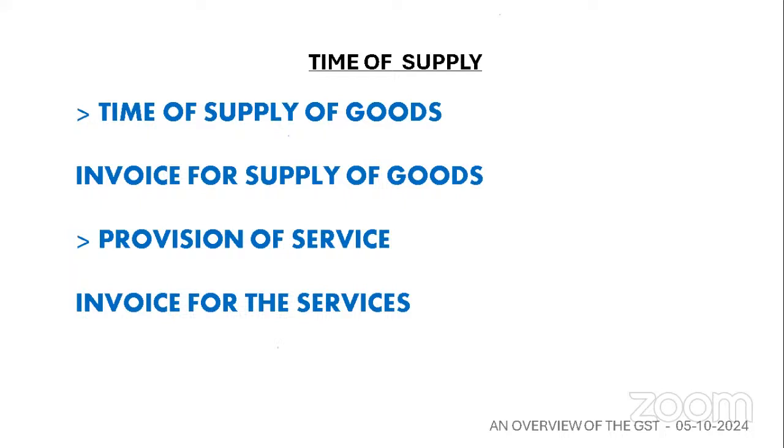If I issue the invoice on the 28th day or 29th day, my time of supply will be that date when I issue the invoice. However, if I issue the invoice after 30 days of rendering the service, then the date of completion of service will be the date when I am supposed to pay GST.